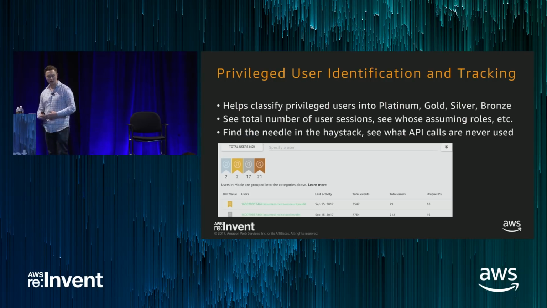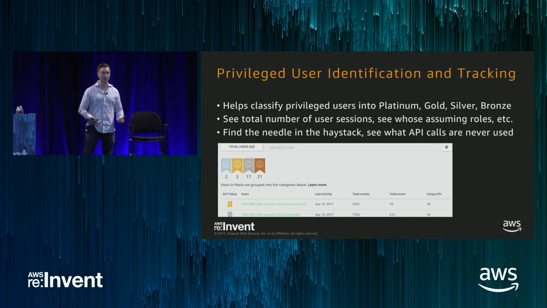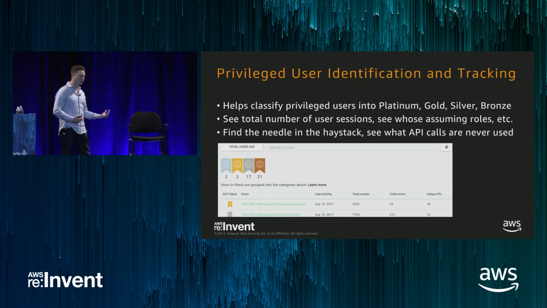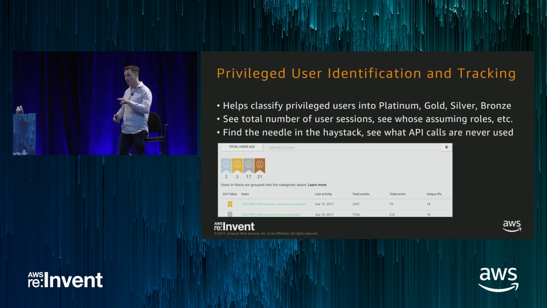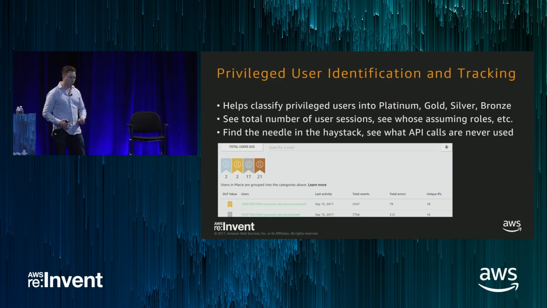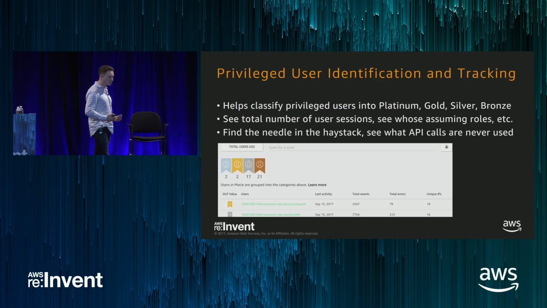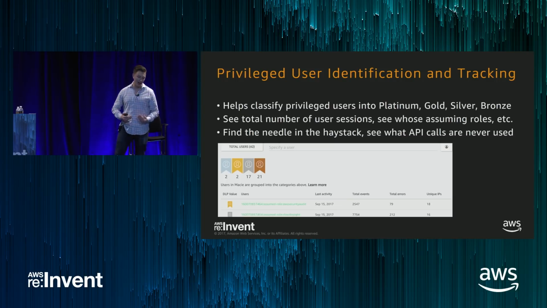You can think of your platinum users as maybe someone doing very high-impact mutating API calls, such as creating other users or turning off CloudTrail. Things that are inherently risky. Or even, since Macie is focused on data in S3, it's like, hey, you gave this user access to this PII data in S3. If you can identify your privileged users more easily, that's a win for identity and IAM as a whole.